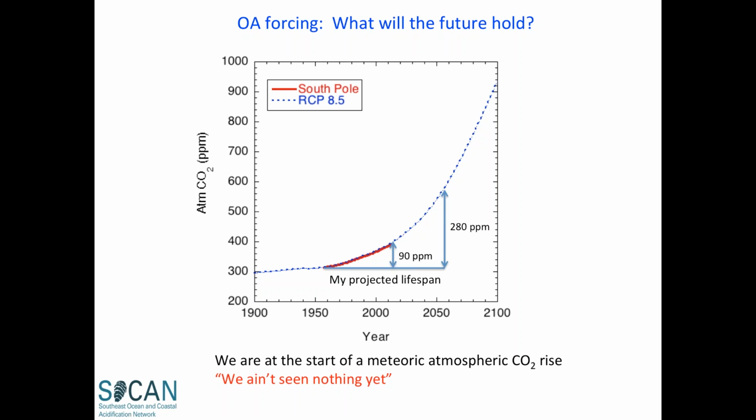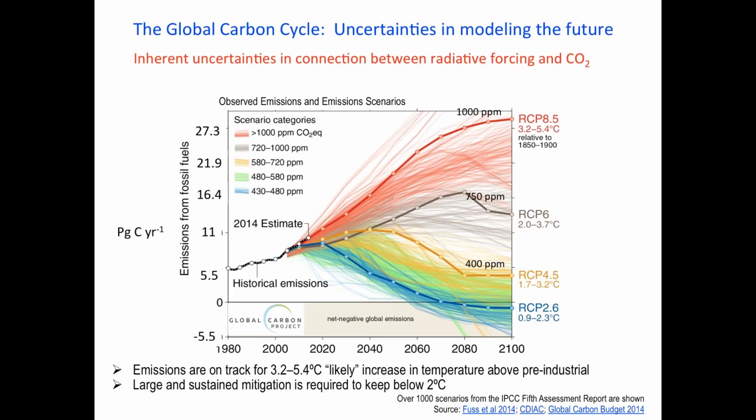A second thing that I want to emphasize looking into the future is that we don't have crystal balls. We have something which is close to a crystal ball, which are models. And here I'm showing one model which many of you probably have seen. This is based on the IPCC reports, where we have different trajectories.